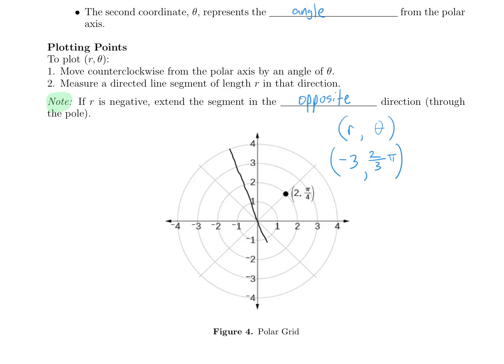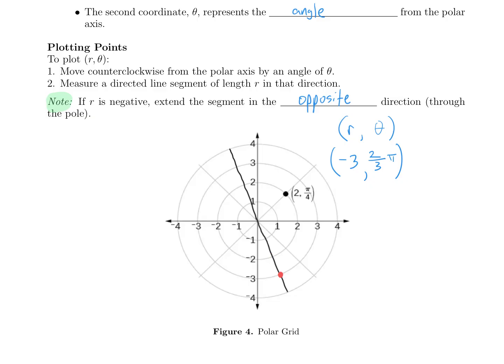I would recommend that you draw a full line at the angle, extending all the way through, and instead of going positive 3 units out in the direction of 2/3 pi, you have to go in the opposite direction because r is negative. So you would go -3 units. The point would actually be down here in quadrant 4. So your final point would be out here because of the negative r, which means move in the opposite direction. So 1, 2, 3 units there.